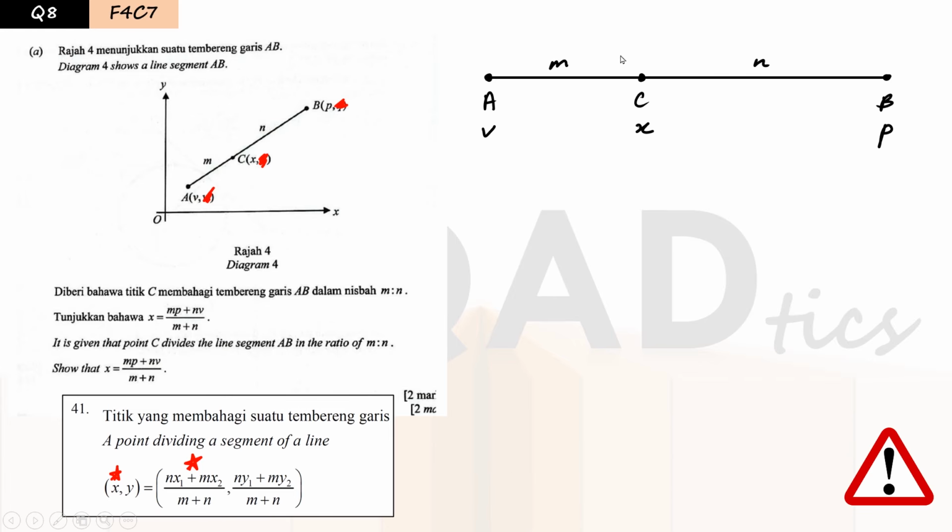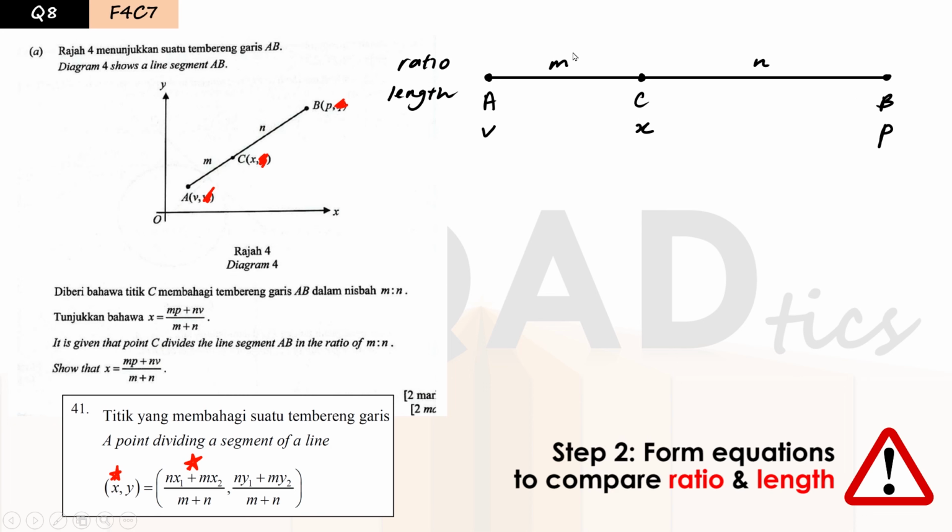The reason we form this diagram is that we already have the ratio of the lines here, which is m and n. So what we can do is find the lengths of the lines, compare them with the ratio, and form some equations.